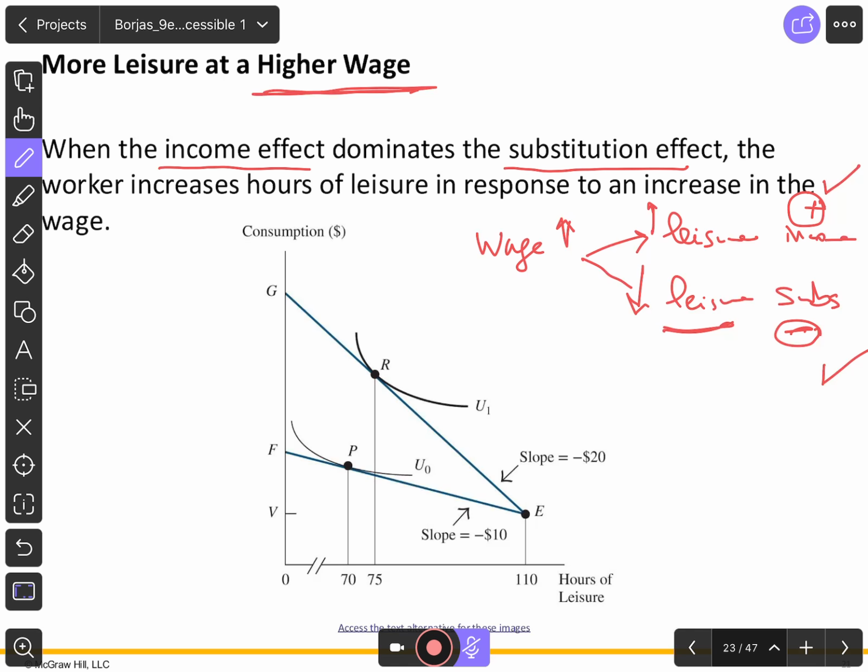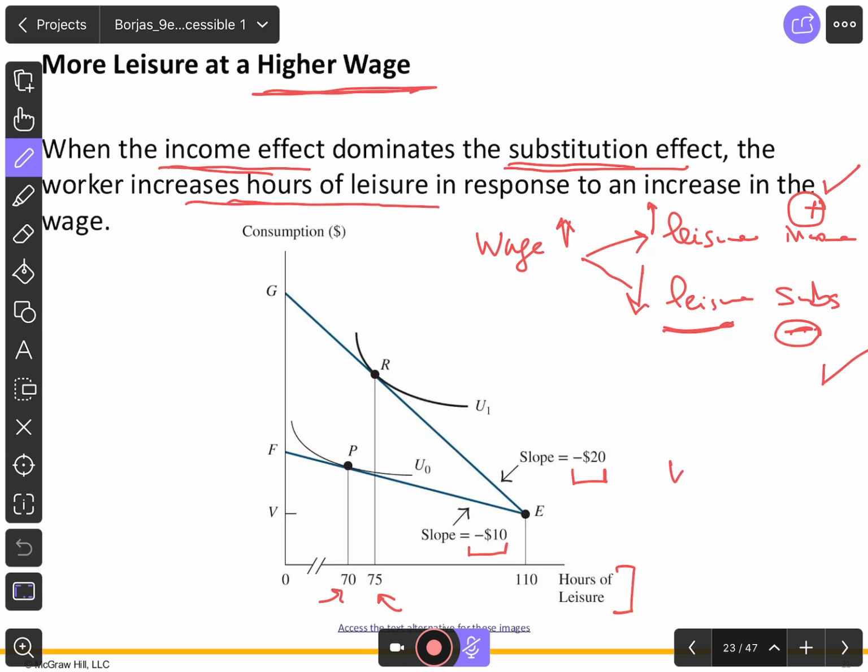So we have it here. When the income effect dominates the substitution effect, the worker increases hours of leisure in response to the increase in wage. Here, for example, we started from 70 and ended at 75 hours of leisure. Wage was $10 an hour, it becomes $20 an hour.